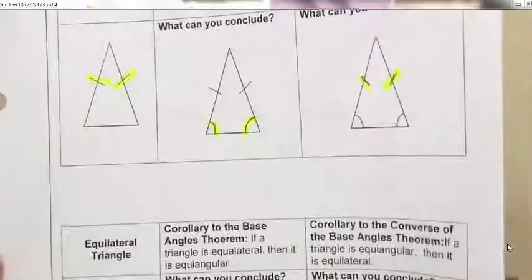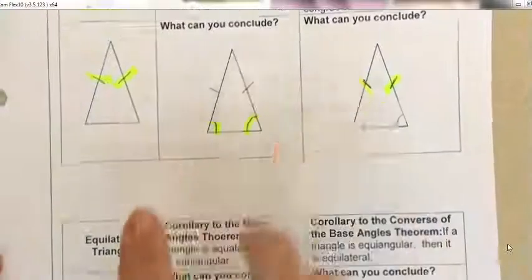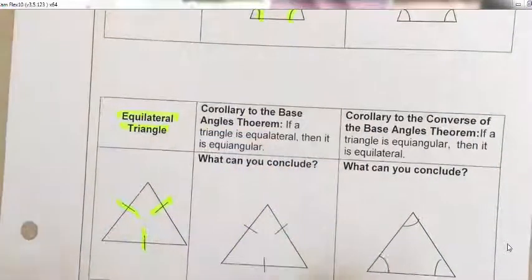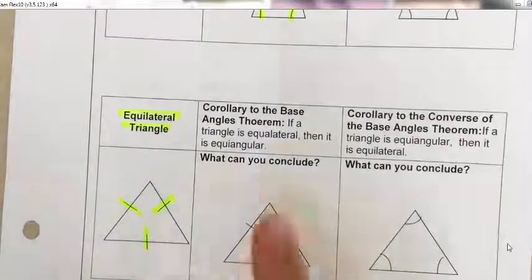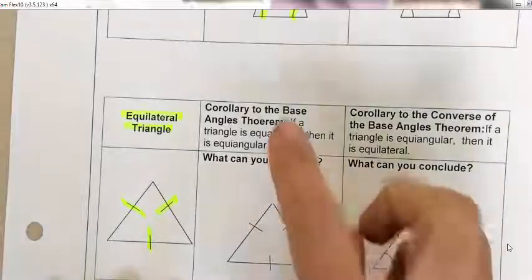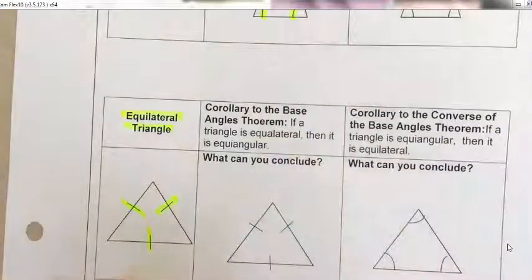And then all of this extends, what we just did, also extends to equilateral triangles. So an equilateral triangle basically means that all of the sides are congruent. Okay, and then we've got this corollary, so it's like an addition to the base angles theorem. It just kind of is an extension, I should say.